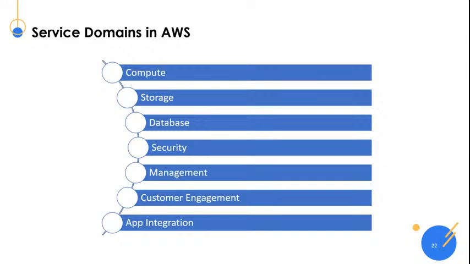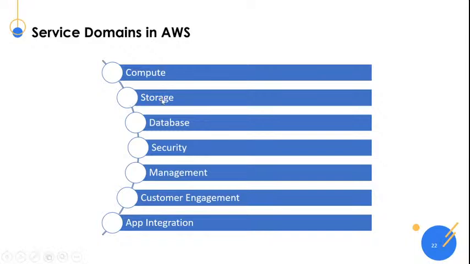Then you have the storage domain, which stores binary files on remote servers. And what are binary files? What I mean by binary files are video files, images, etc. So for that we have a dedicated storage service in AWS.